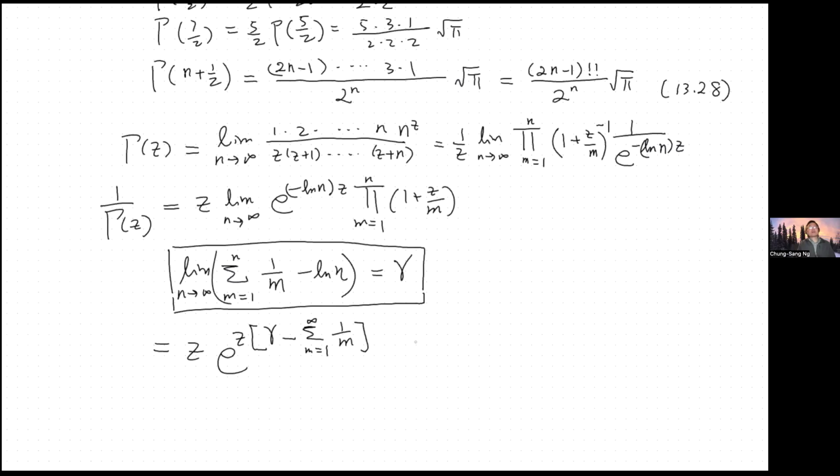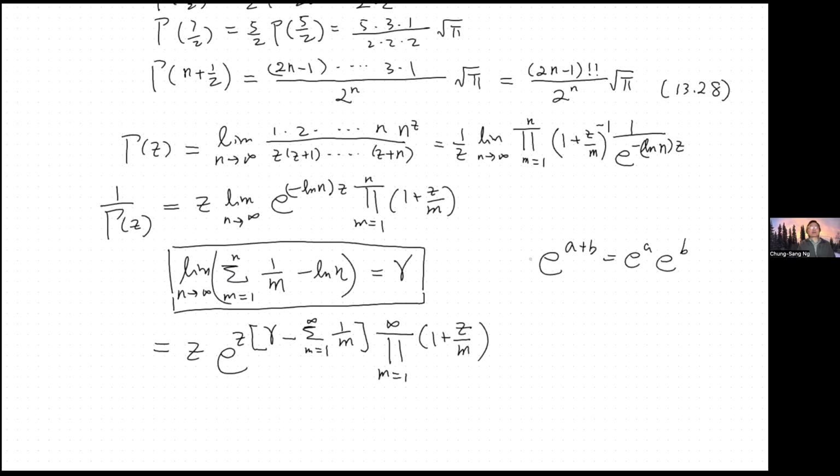And then the infinite limit becomes the product over m from 1 to infinity, 1 plus c over m. Now we can finally use the mathematical fact that e to the sum of the terms equals the product of e to each term, right? Just use e to the a plus b equals e to the a times e to the b.